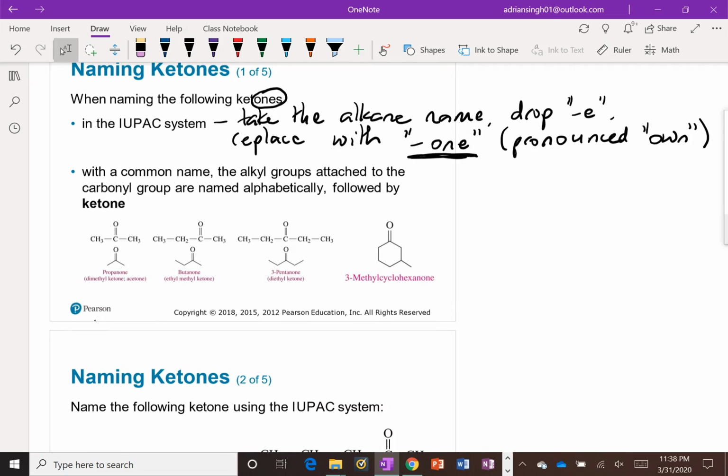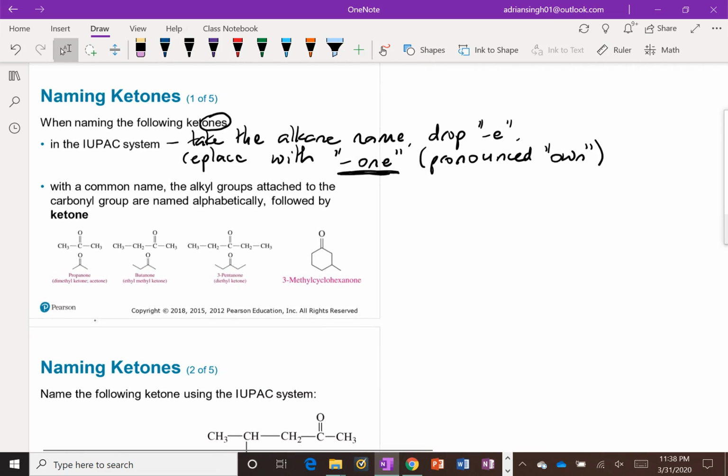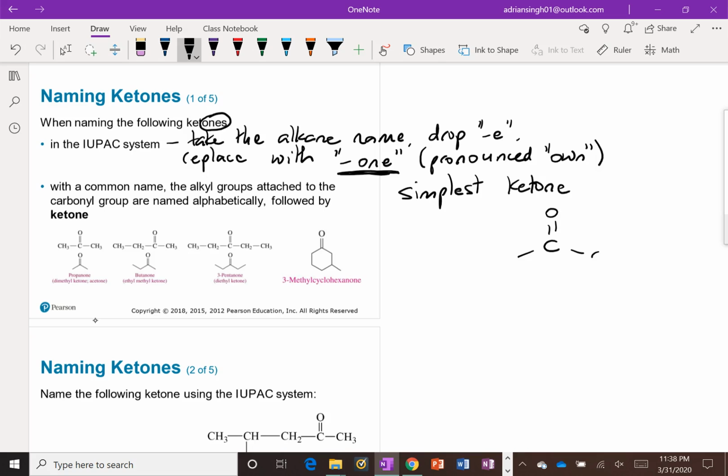All right, so the simplest ketone that you can have, remember the ketones have the carbonyl surrounded by 2 carbons on either side. So the simplest ketone, or the smallest ketone, is going to have a C double bond O between 2 carbons on either side, right?